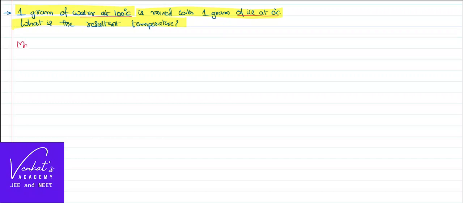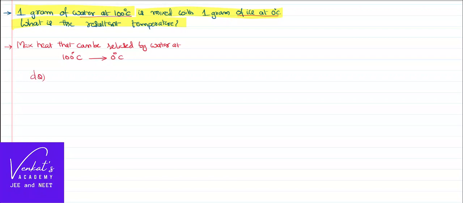So, the maximum heat that can be lost, that can be released by water at 100 degrees centigrade, is when it comes down itself from 100 degrees centigrade to 0 degrees centigrade.